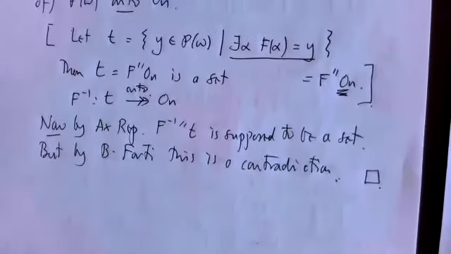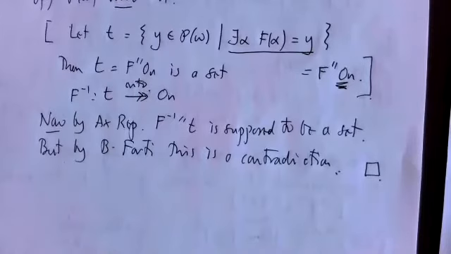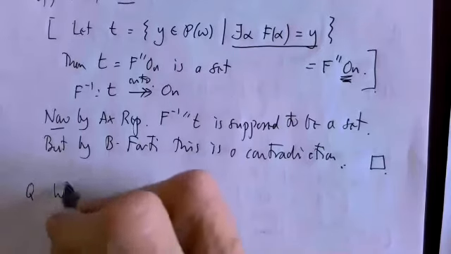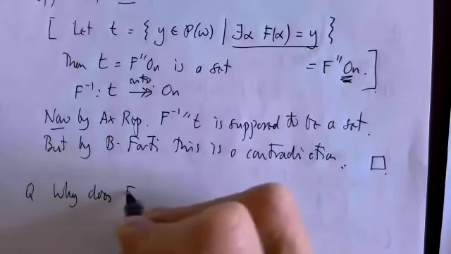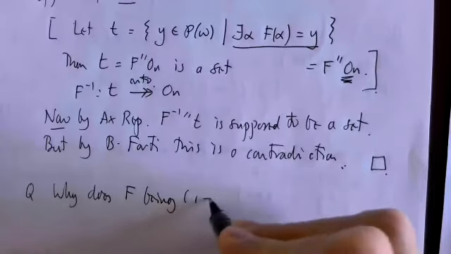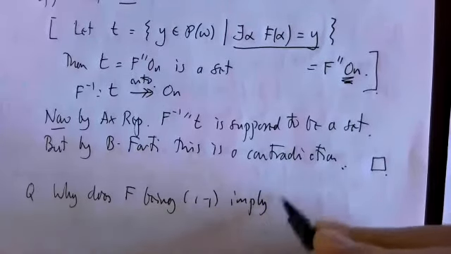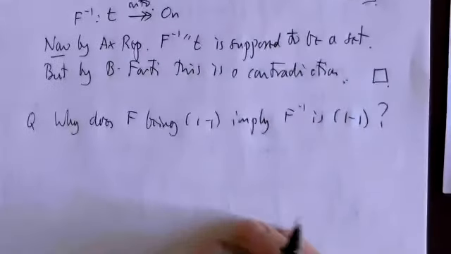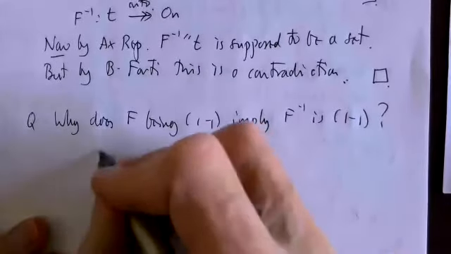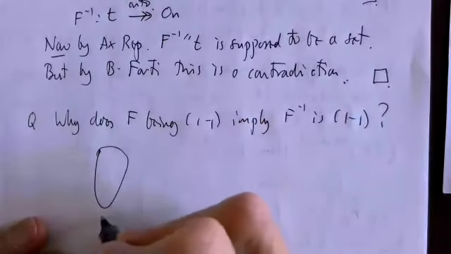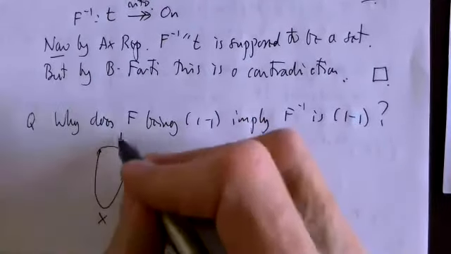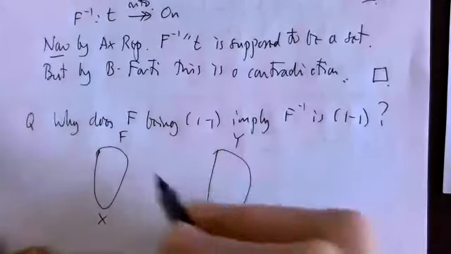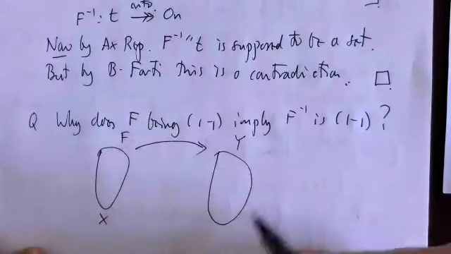So there's a question: why does F being 1 to 1 mean its inverse is also 1 to 1? Well, in general, here's a set x, and here's this function f, going over to y.